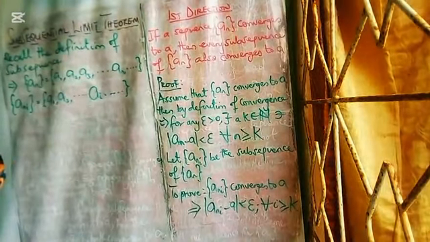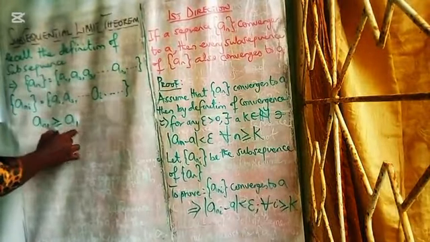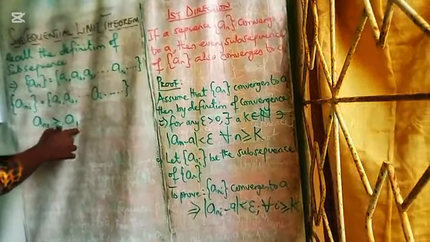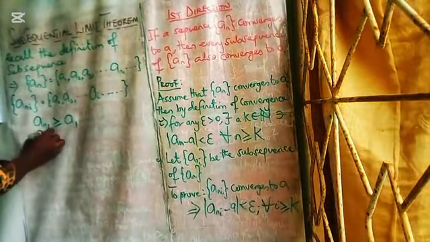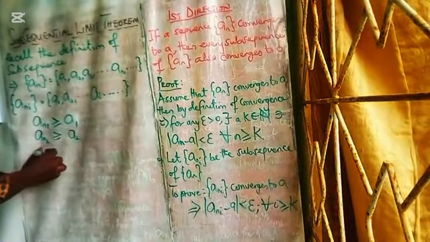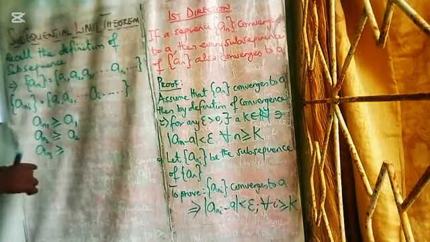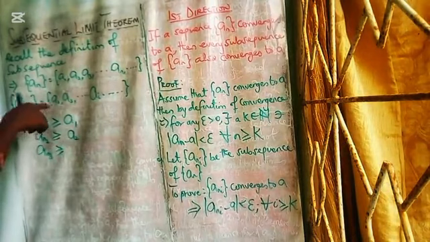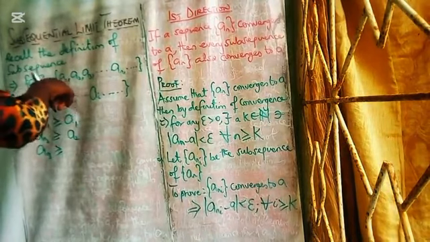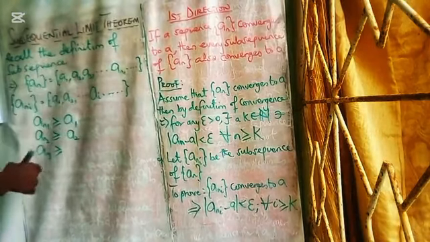We see from there that what? A sub n1 is greater than or equal to A1, A sub n2 greater than or equal to A2, A sub n3. That means what? The first term of the subsequence is greater than or equal to the first term of the main sequence.